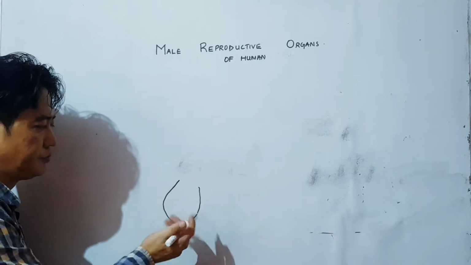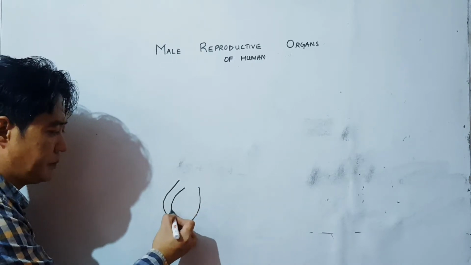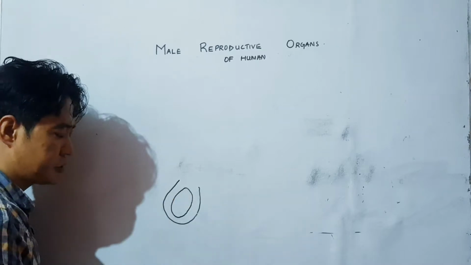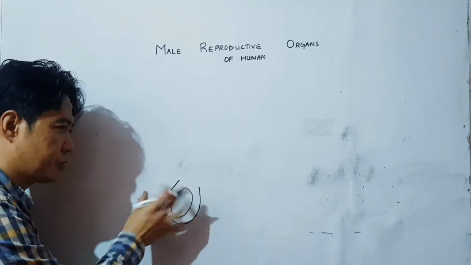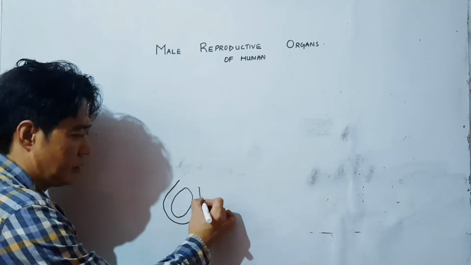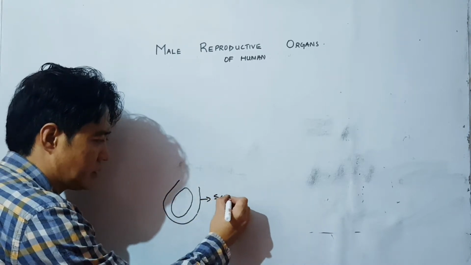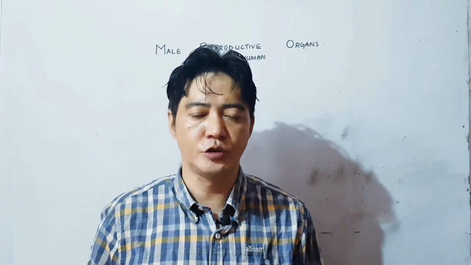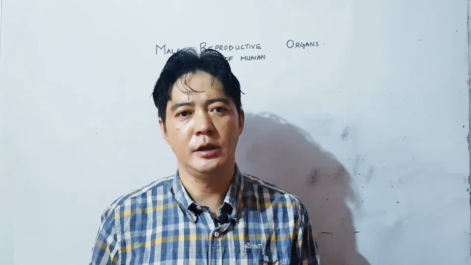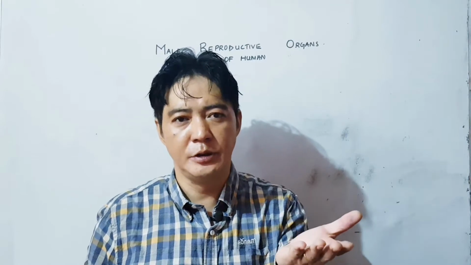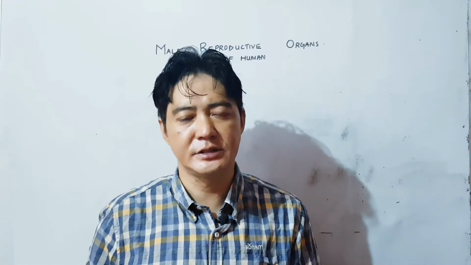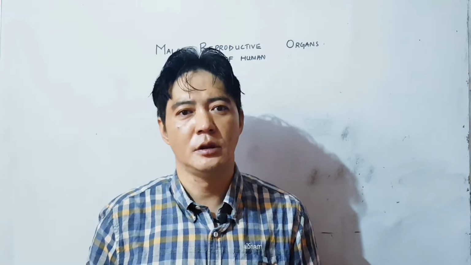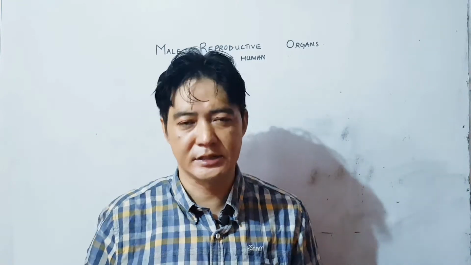Say this is scrotum and oval shaped structure found within the scrotum, slightly flattened. And the location of testis, or you can say scrotum, is outside the body, just below the abdominal wall, or you can say pubic symphysis, in between the groin of two legs.